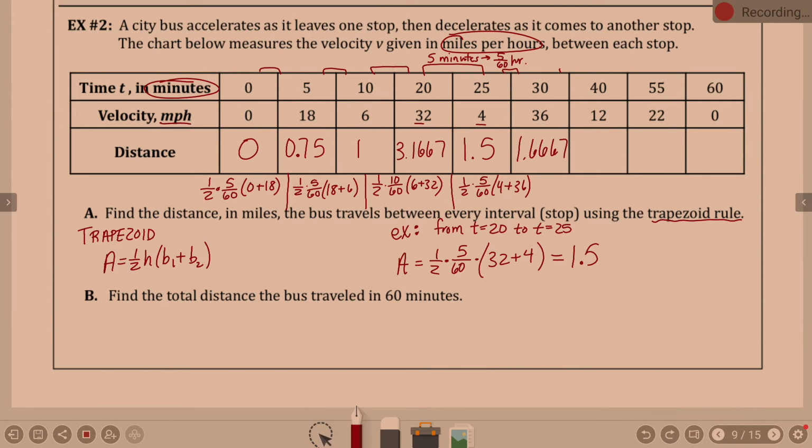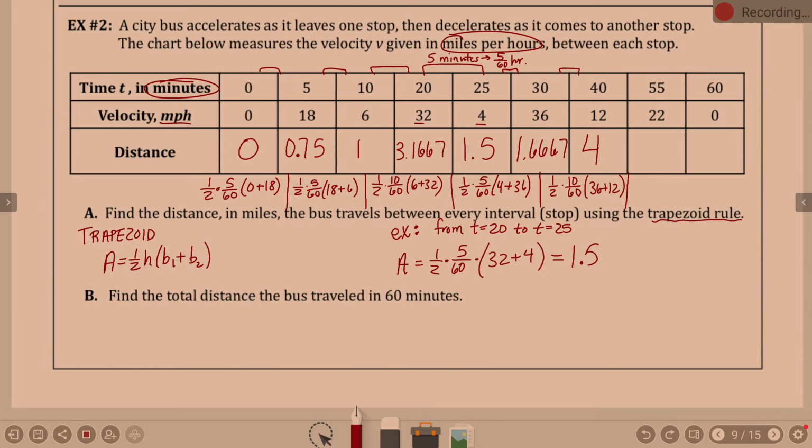Next one. 1/2, 10/60, and we have 36 plus 12, which is 4. Huh? Oh, what? I don't like this.